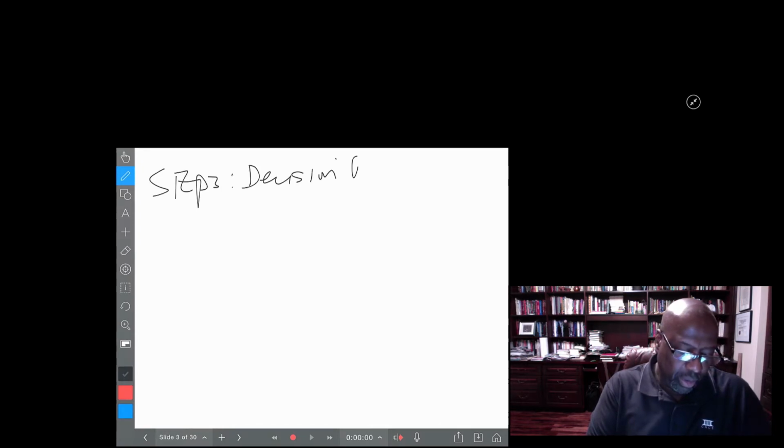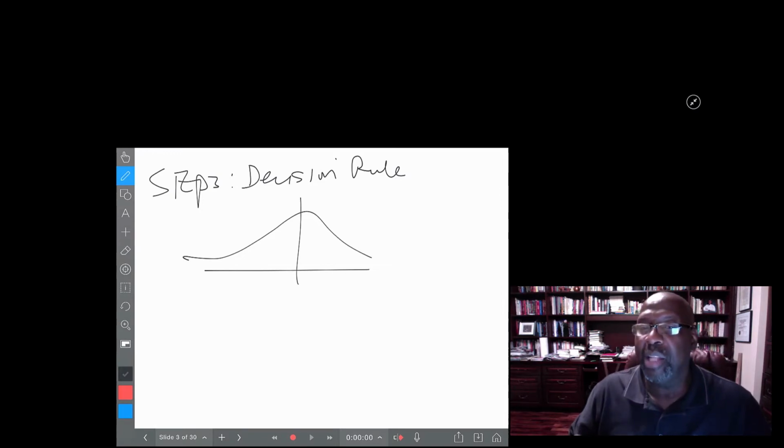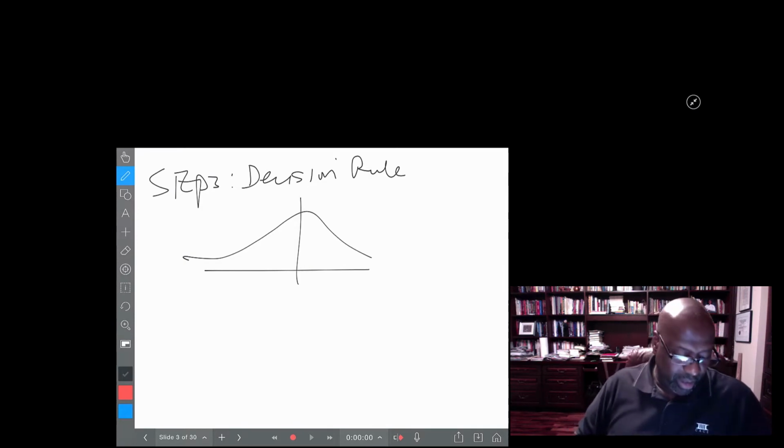Then we go to step 3. Step 3 is a decision rule. And basically what we do is we take the sampling distribution and we set a boundary. Now, we started off when we were talking about the empirical rule and Z scores, saying that values of Z of 2 or more tend to be significant, 3 was an outlier and so forth, all right?